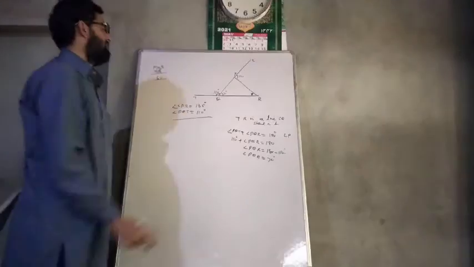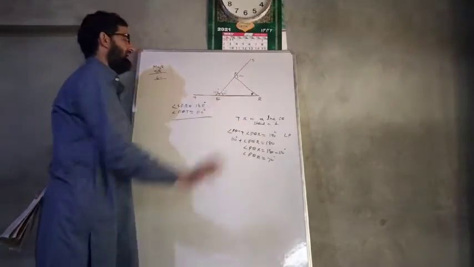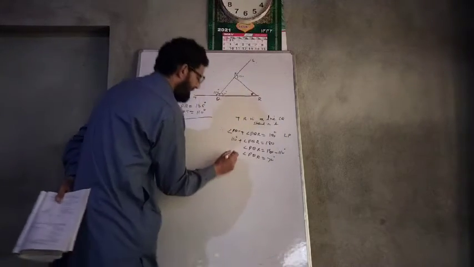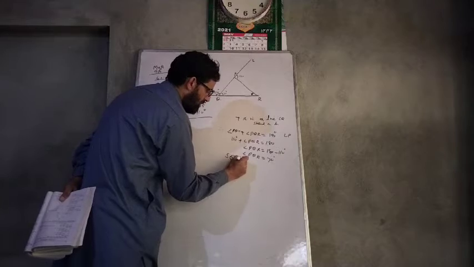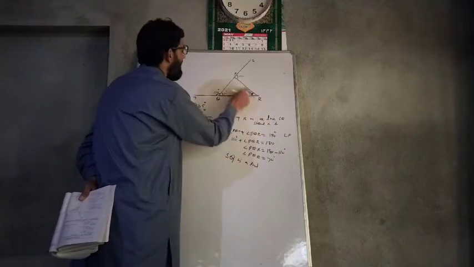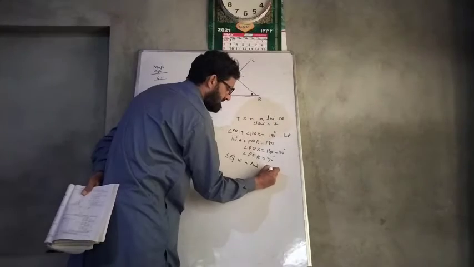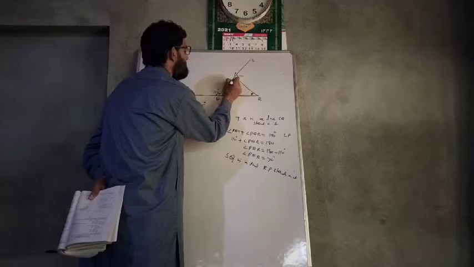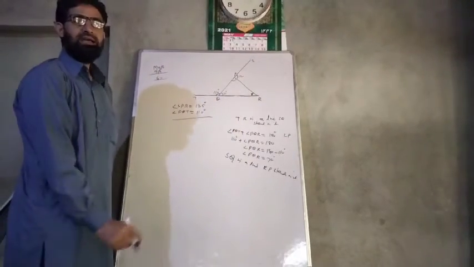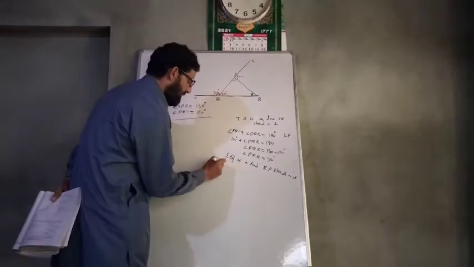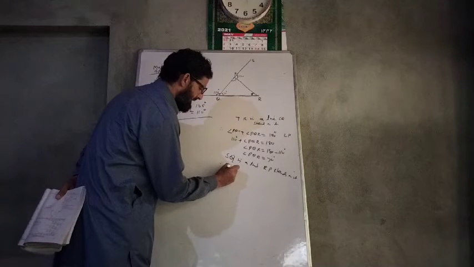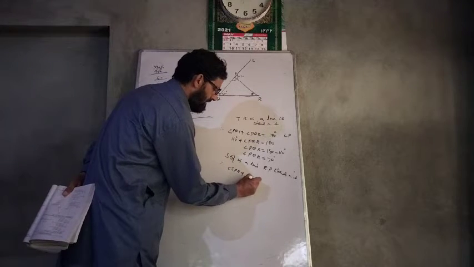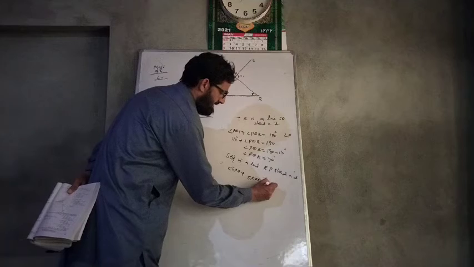Now we find this angle. PQR is a triangle, and one angle we have found. Now again SQ is a line, and RP stands on it. Therefore this angle plus this angle, again a linear pair, is equal to 180. Therefore angle SPR plus angle RPQ is equal to 180.